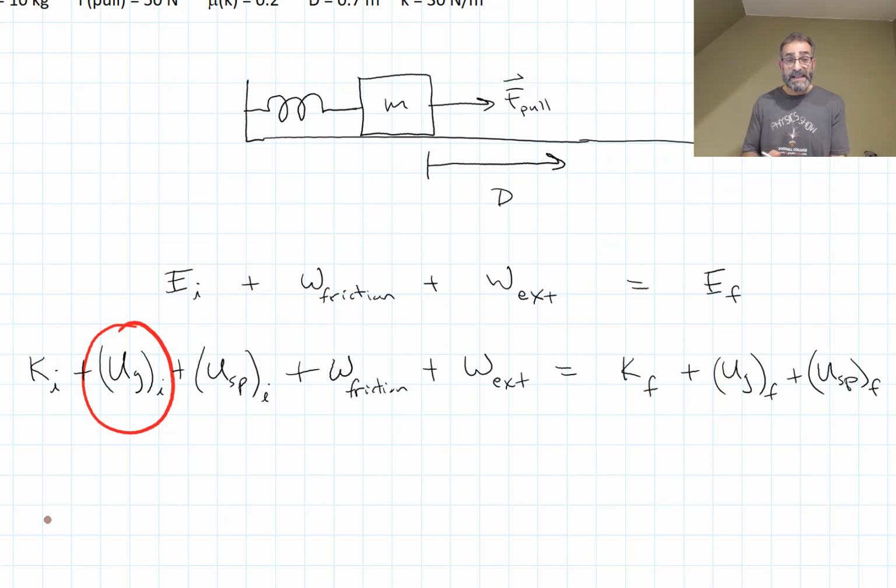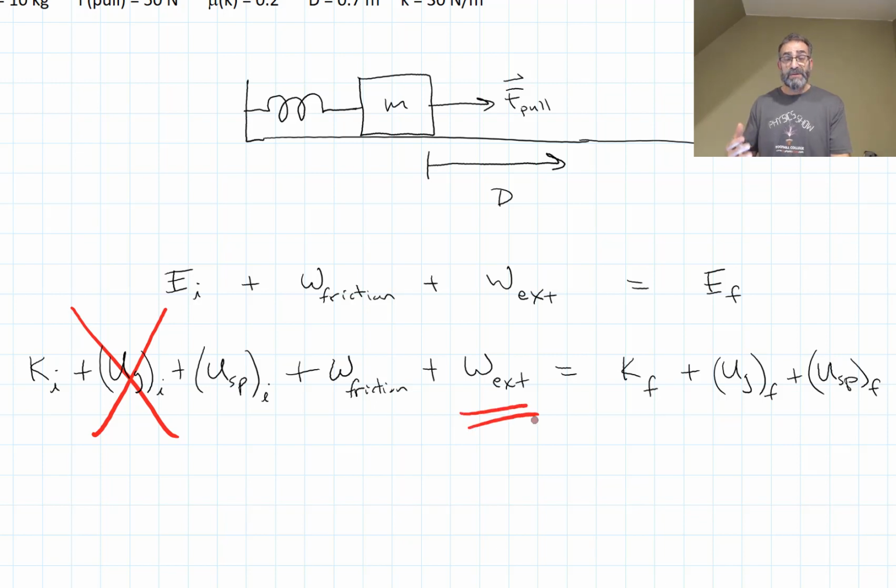It would not be crossing the system boundary. But if we exclude the Earth from our system, then we will not have gravitational potential energy. We would have an external force because the force of gravity would be crossing our system boundary, reaching in, doing work on our mass.